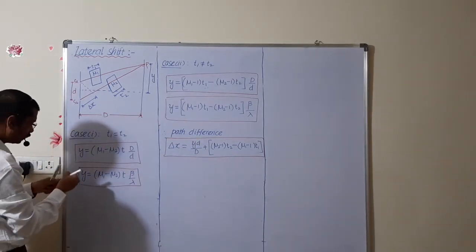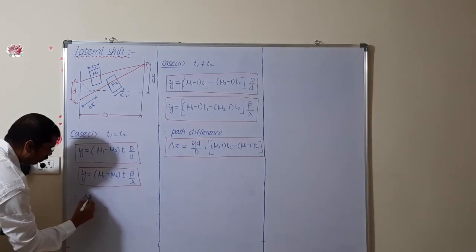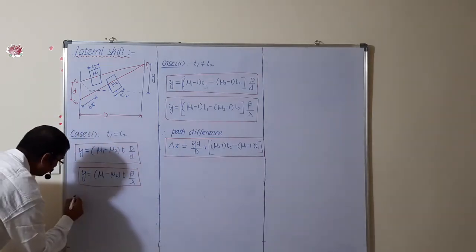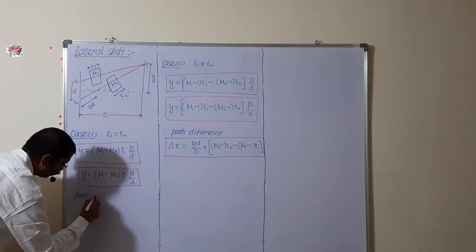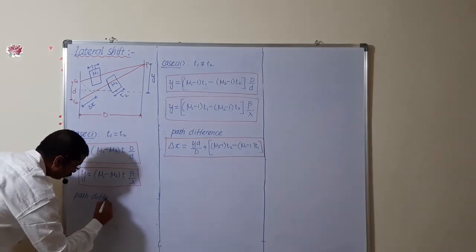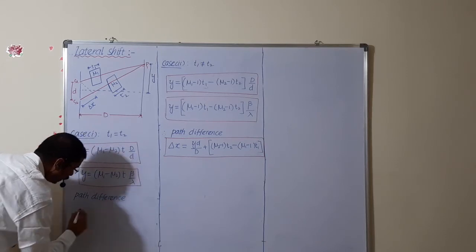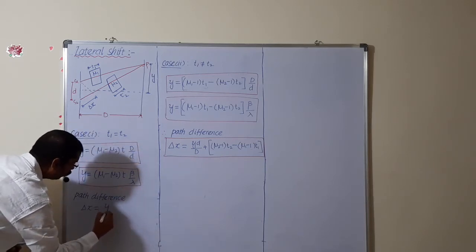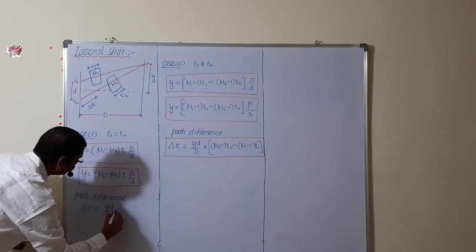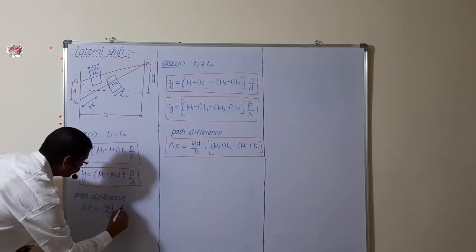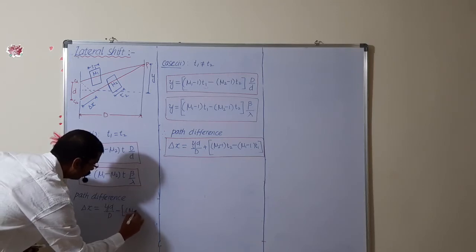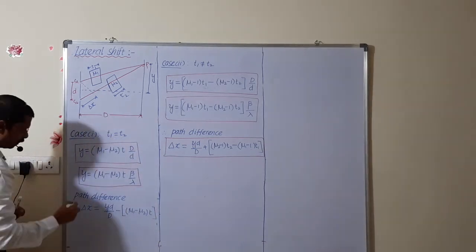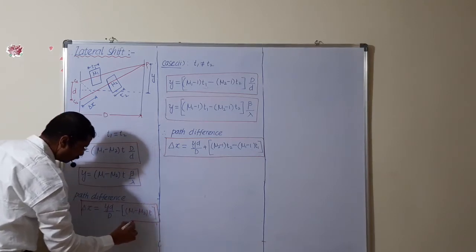If you write the path difference delta x in this case, delta x is equal to y small d upon capital D minus (mu1 minus mu2) into T. This is the path difference whenever the thicknesses of the glass slabs are equal.